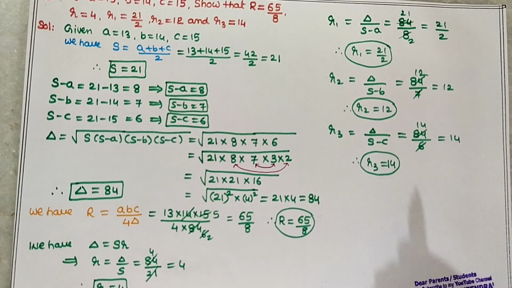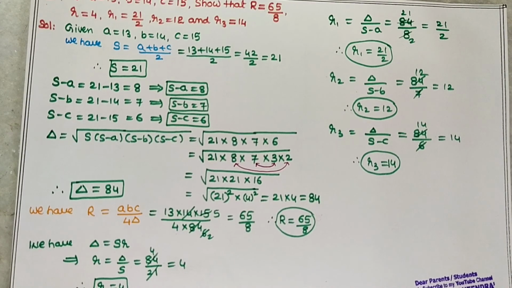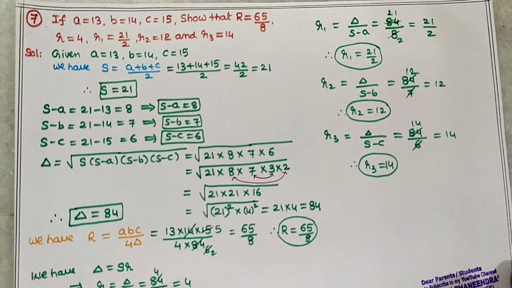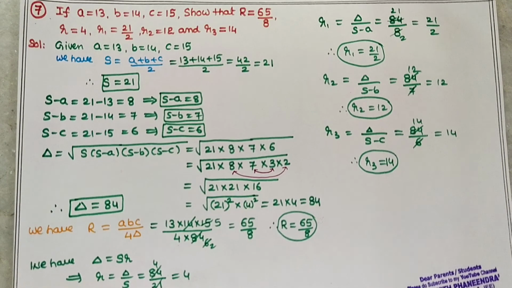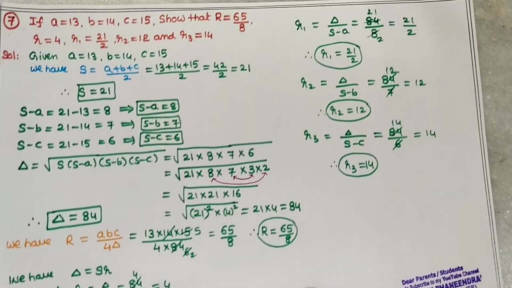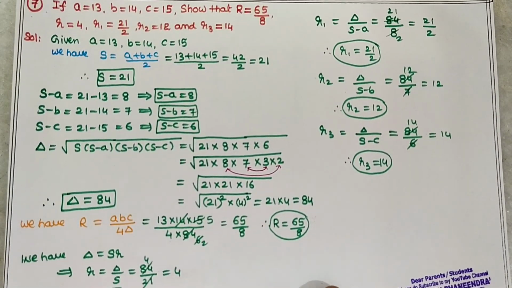So, we got all the values whatever they're asking to calculate. So conclusion step, if you want to write it here, you can. Therefore, the values: r value we got as 4, and r1 value we got as 21 by 2, r2 value is 12 and r3 value is 14.